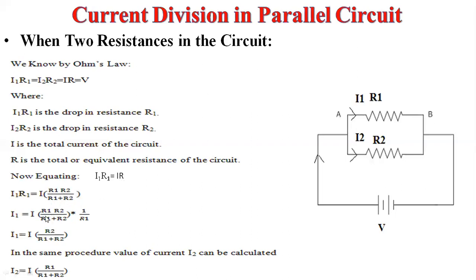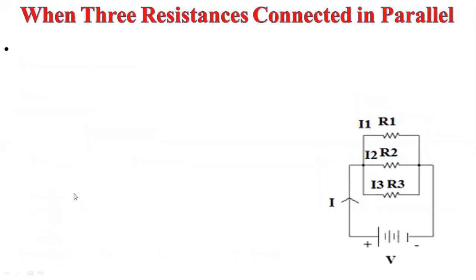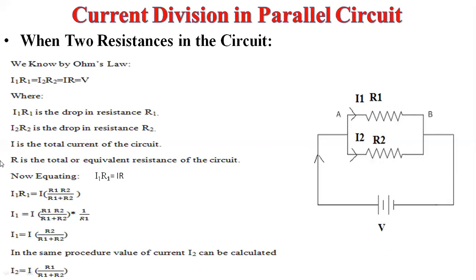So we put over here I into R1 R2 divided by R1 plus R2. This is the equivalent resistance of the circuit. So I1 is equal to I into R1 R2 divided by R1 plus R2, and this R1 we place over here.